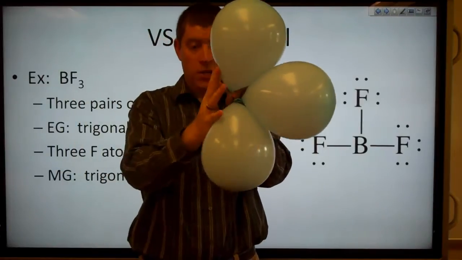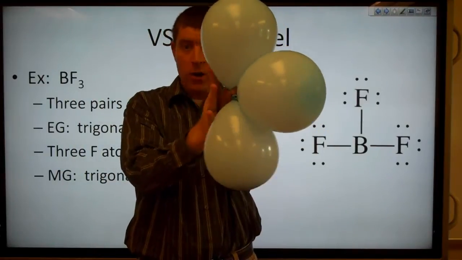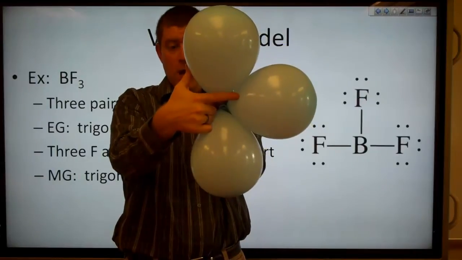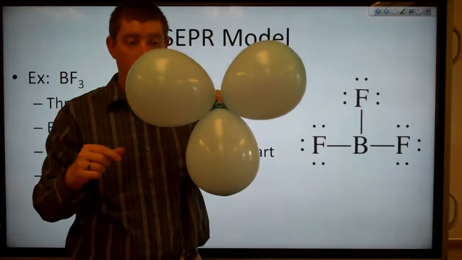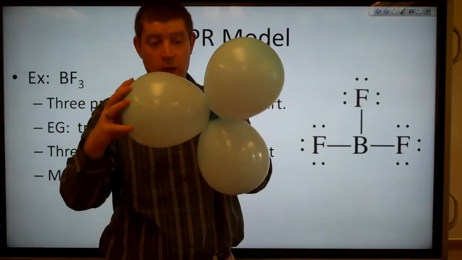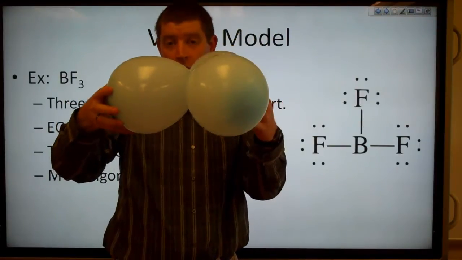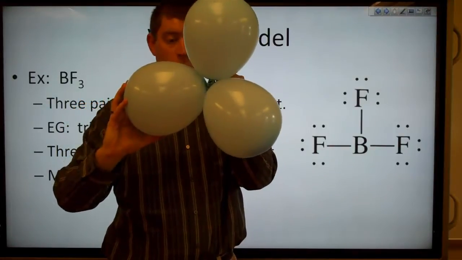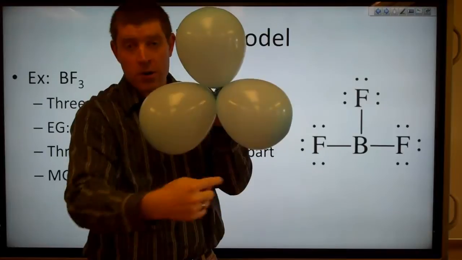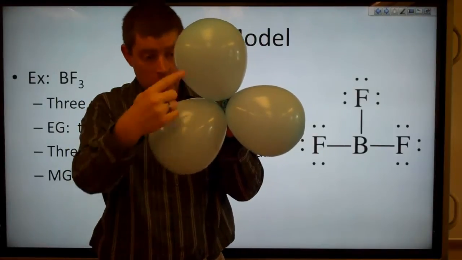If I try to squish these so that 2 of them are 180 degrees apart, that means that the other one has to have 90-degree angles to the other 2. So that's not energetically favorable. The way to get them as far apart as possible in 3 dimensions is to get them all coplanar, and they're as far apart, which means that there's 120 degrees between any 2 of them.